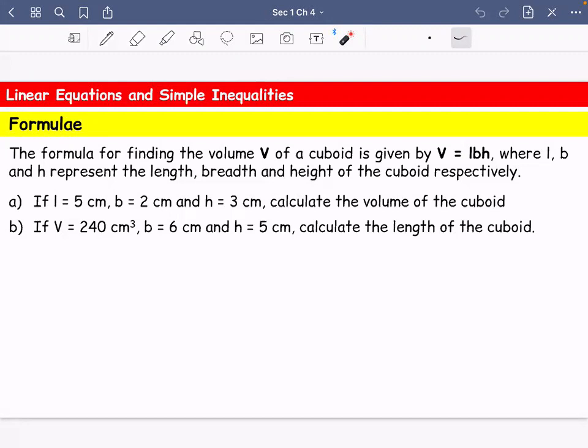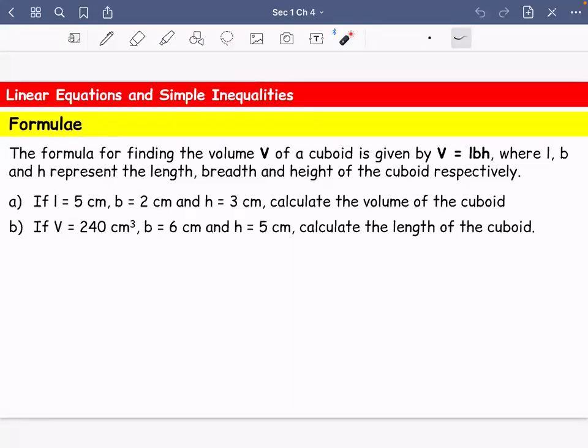So the formula for finding the volume, or V, of a cuboid, again, a cuboid is a three-dimensional rectangle, is given by V equals length times breadth times height, or LBH, where L, B, and H represent the length, breadth, and height of the cuboid respectively.